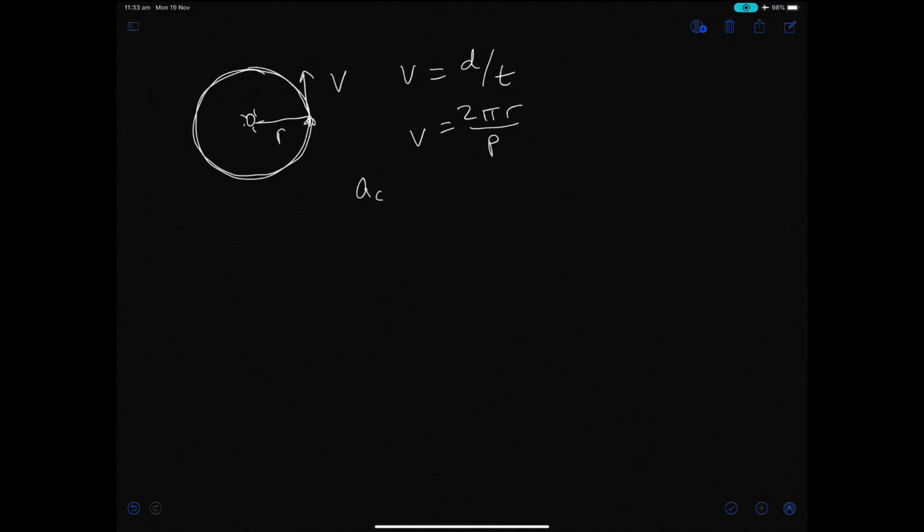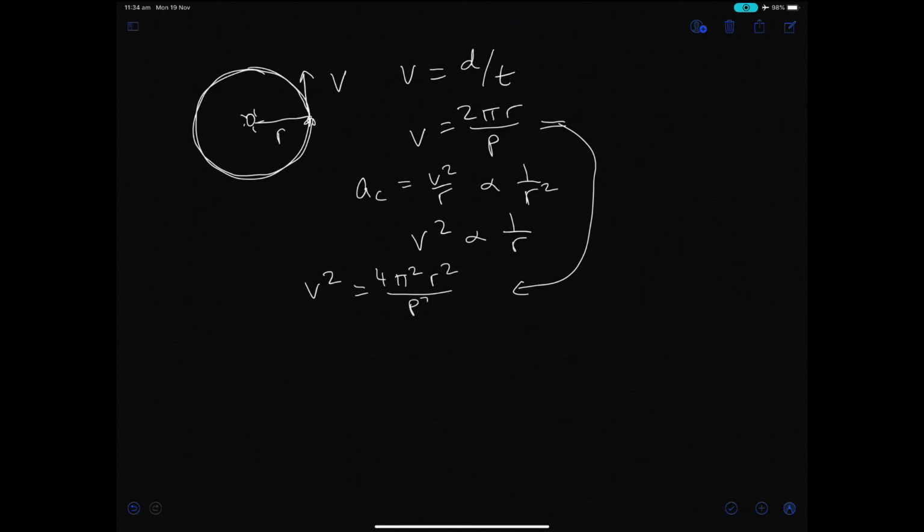When you look at the centripetal acceleration, you find that that is v squared over r, but Newton realized that that is proportional to 1 over r squared, that whatever is causing the motions of the planets is following a 1 over r squared relationship. What that means is the velocity squared would be proportional to 1 over r, but from up here, we also find that the velocity squared is 4 pi squared r squared over p squared.